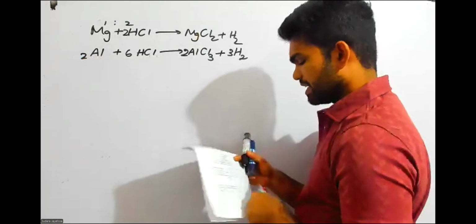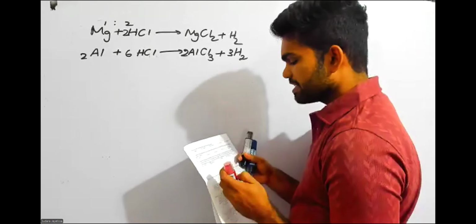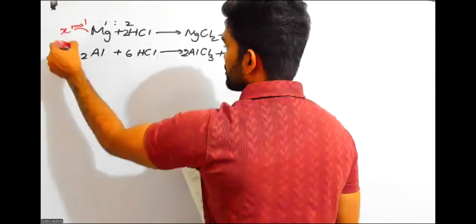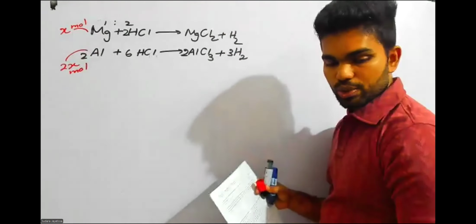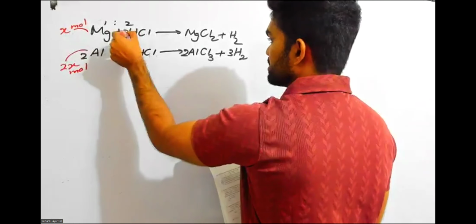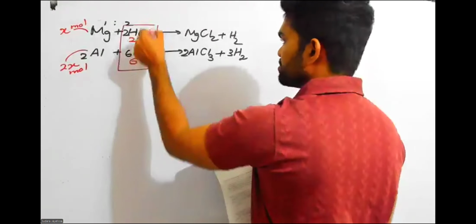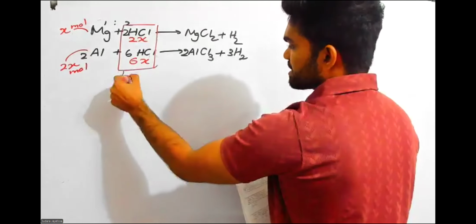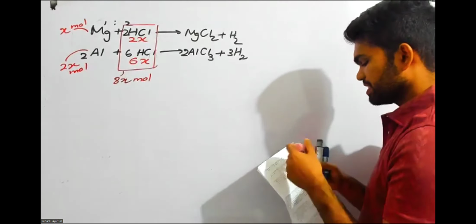Here they are telling something important. The molar ratio of magnesium to aluminium is 1:2. That means if from magnesium you have X moles, from aluminium you have 2X moles. Is that clear? So that means here you will react 2X and here you will react 6X moles. So altogether you have 8X moles of HCl.